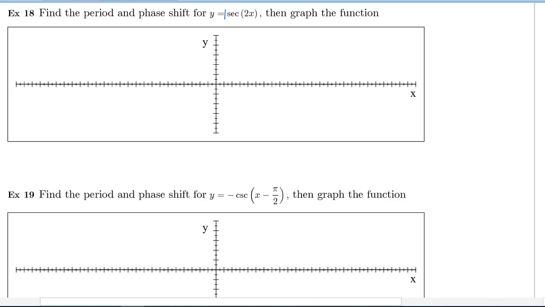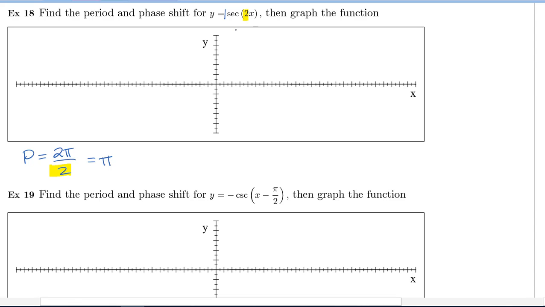Our period in this case is going to be 2 pi over our 2 here, so we just end up with pi. In this case, we don't have any horizontal shift or phase shift because it's just the 2x there. There's no additional factor.